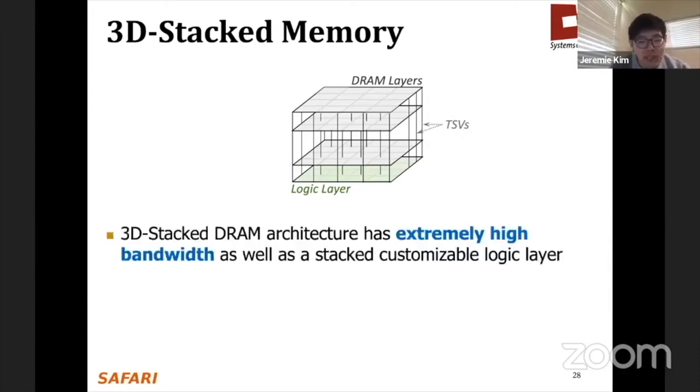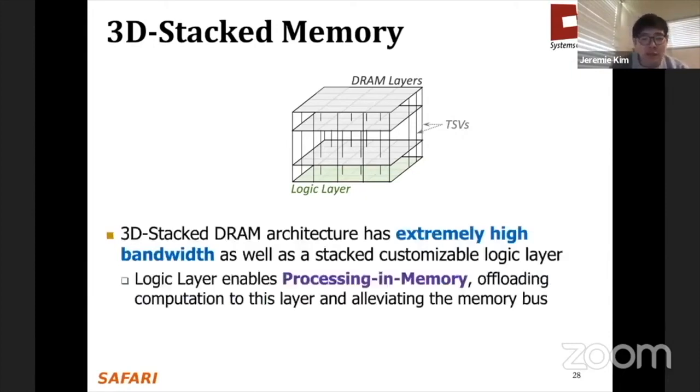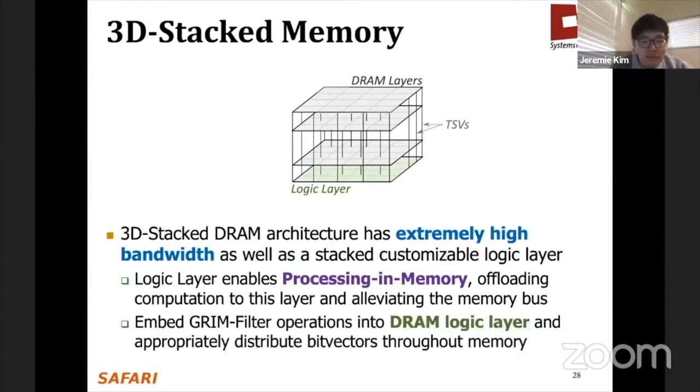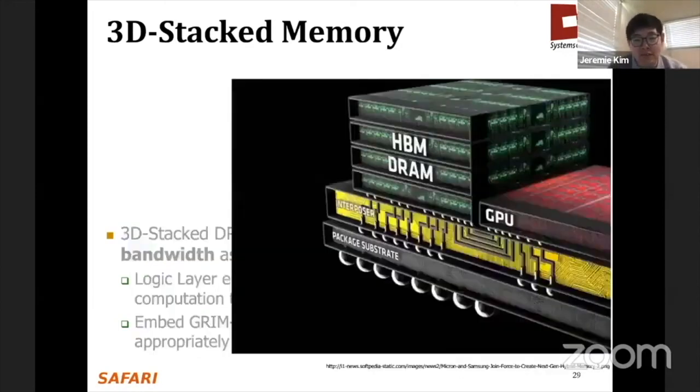So we have this high bandwidth as well as this stacked customizable logic layer, which enables processing in memory. Processing in memory offloads computation to this layer rather than transferring all this data into the CPU, having the CPU process it and bringing it back. So it alleviates the memory bus. And we can embed these GrimFilter operations into the DRAM logic layer and appropriately distribute the bit vectors throughout the DRAM layers so that we can effectively parallelize these operations in the logic layer.